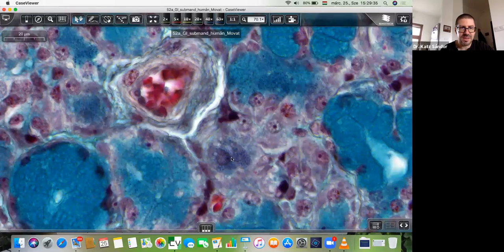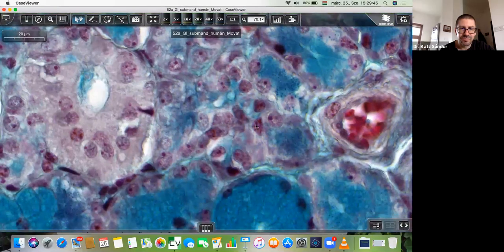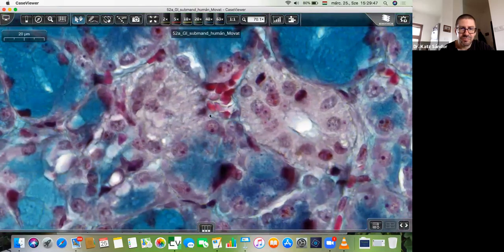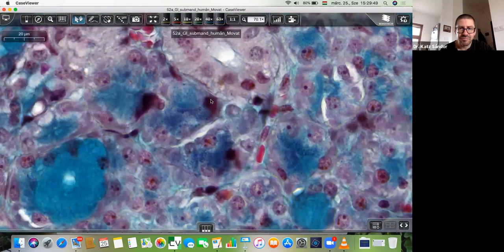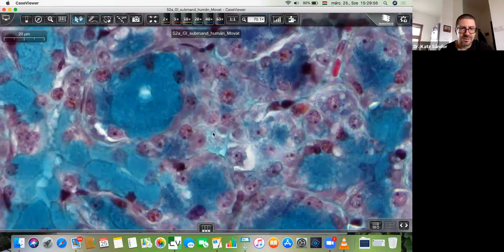The plasma cells, maybe this is a plasma cell. This is a vessel with red blood cells, and this is a plasma cell. It seems it's part of the acinus, but it's not. Thank you.